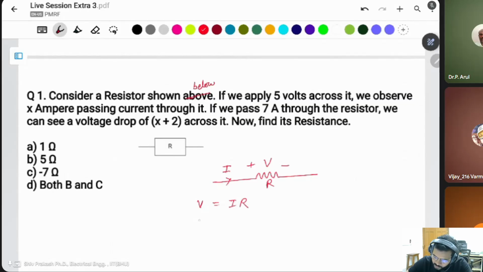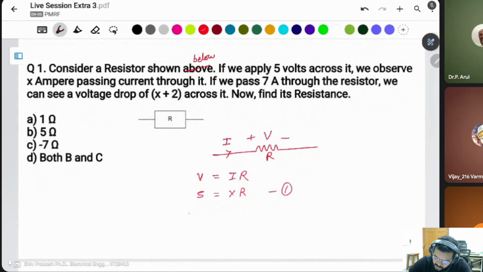It is given that if you apply 5 volts across it, and we observe X amperes of current flowing through it, this will be 5 equals XR. That is equation number 1. If we pass 7 amperes through the resistor, then the voltage drop is X plus 2. That means X plus 2 is the voltage drop, and the current is 7 amperes. This is equation number 2. By solving these two, we can find the value of R.